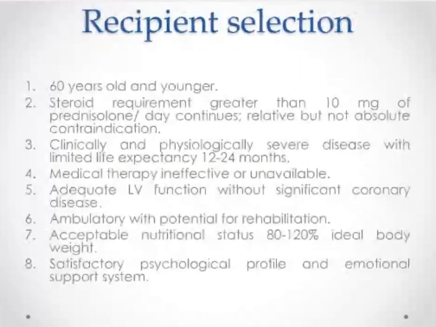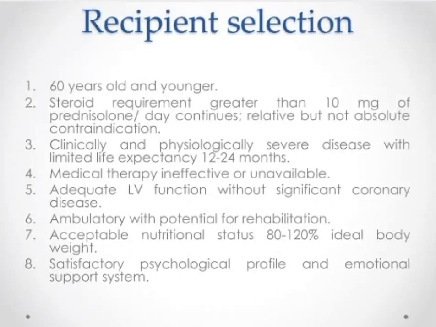Now, these are the criteria for selection of the recipient. First of all, it should be young age, below 60 years, because life expectancy is more than 20 or 30 years. Don't choose lung transplantation for old age.